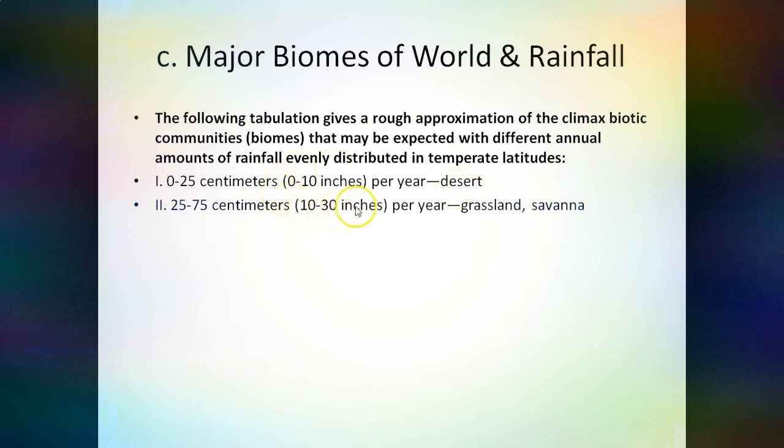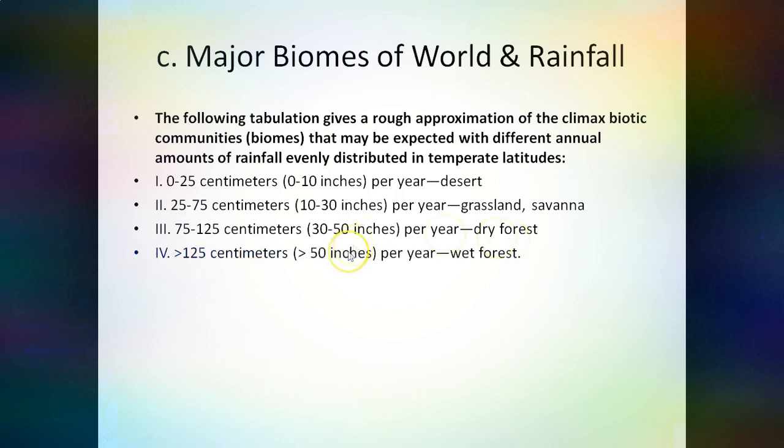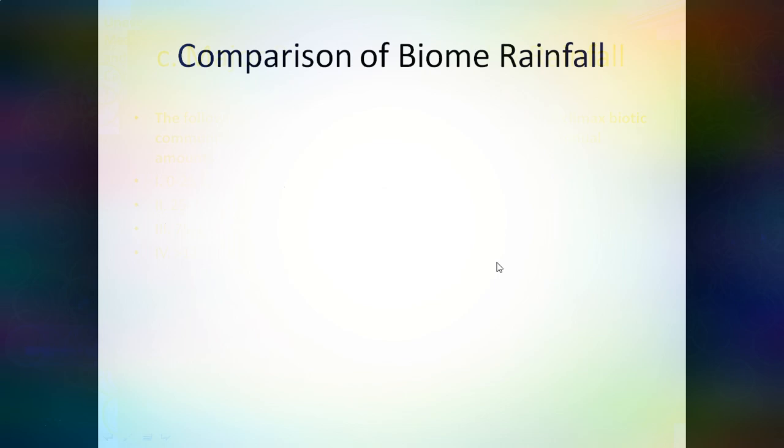If the rainfall is 10 to 30 inches per year, then the ecosystem would be grassland or savanna. If the rainfall is between 30 to 50 inches, then the ecosystem would be a dry forest. If the rainfall is more than 50 inches per year, then the ecosystem type would be a wet forest.